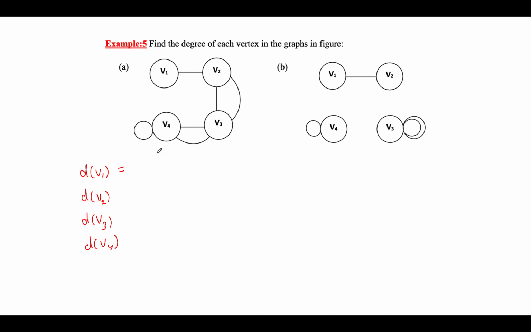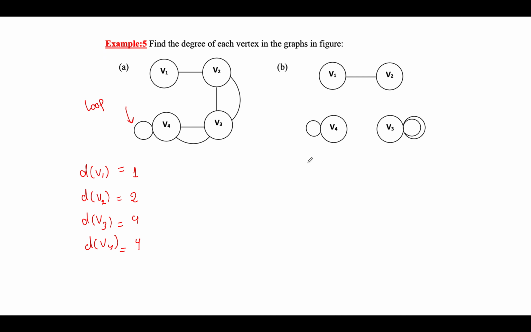The degree of V1, we can see that there's only 1 edge assigned. V2, we got 1, 2. V3, we got 1, 2, 3, 4. And V4, we got 1, 2, 3, and 4. And as we mentioned before, this is a loop when we got the endpoint at the same vertex.